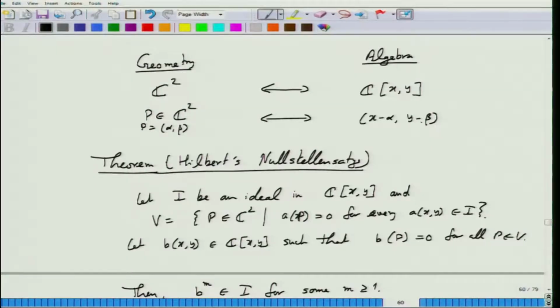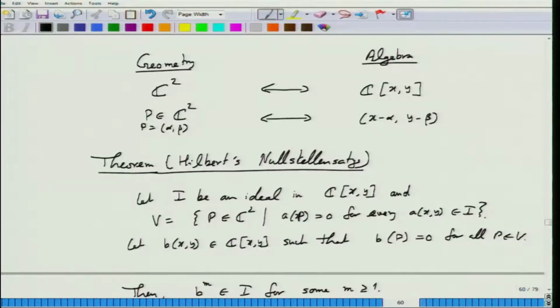So since it is a maximal ideal, if a power of a polynomial lies in the ideal, then that polynomial also lies in the maximal ideal. That's again using maximality, we can prove it.